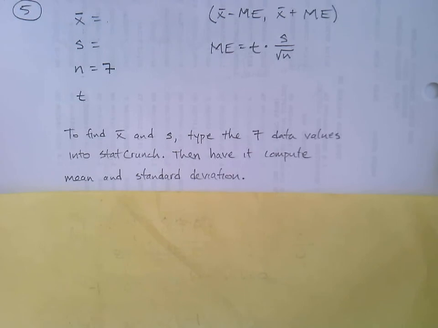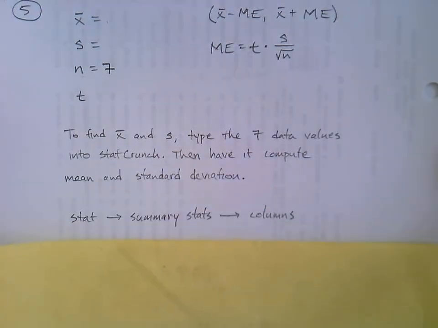Then have it compute the mean and the standard deviation. If you remember how to do that, the steps are hover over Stat, then Summary Stats, and then Columns. And you don't have to title that column anything.